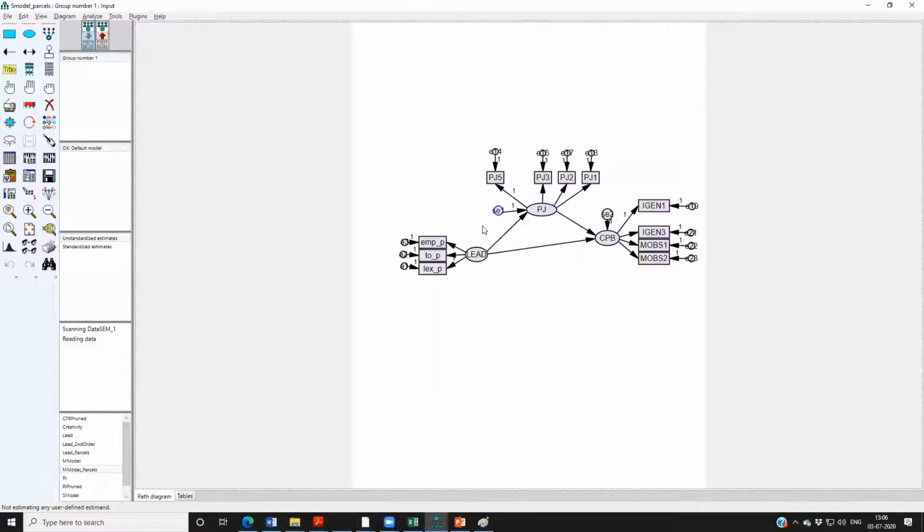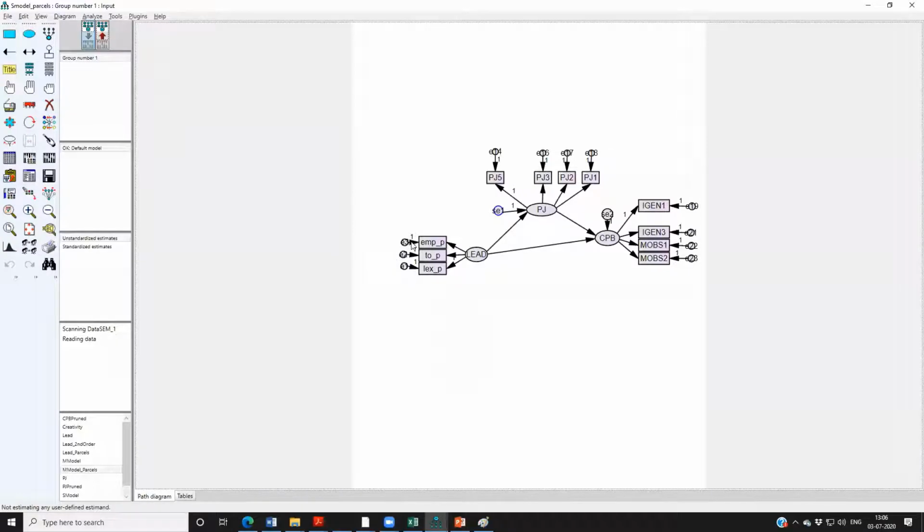If you have a large model, like somebody said there are some 80-90 items, that is something where you can use parceling. It will not impact your results too much because you are still going to model the latent factor structure as you had done earlier also.